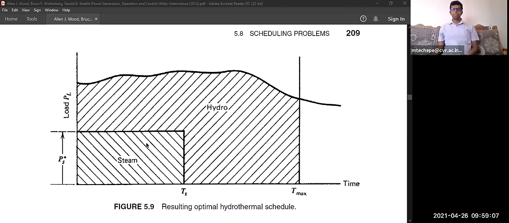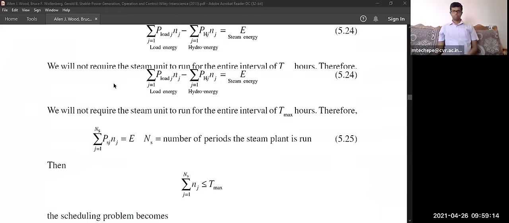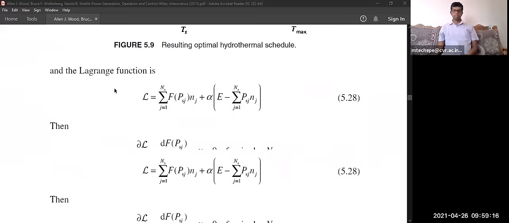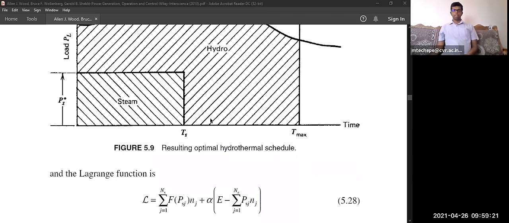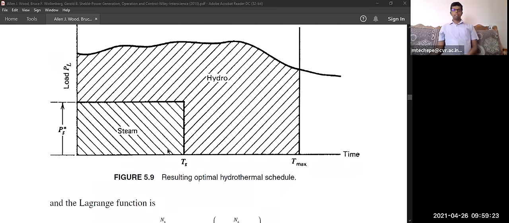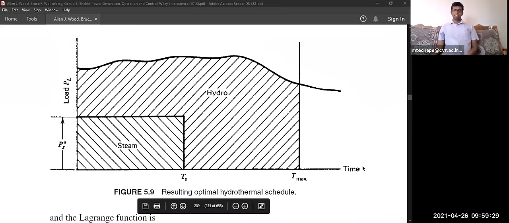Here, if you see figure number 5.9, this is the load axis and this is the time axis, the number of periods of time that the steam and hydro plants are operating.